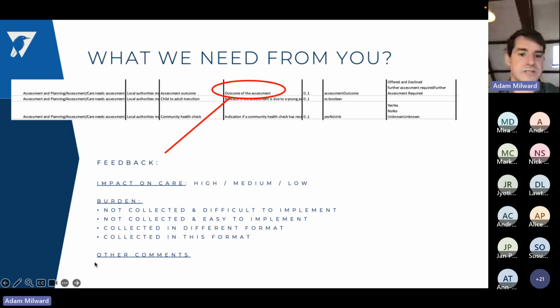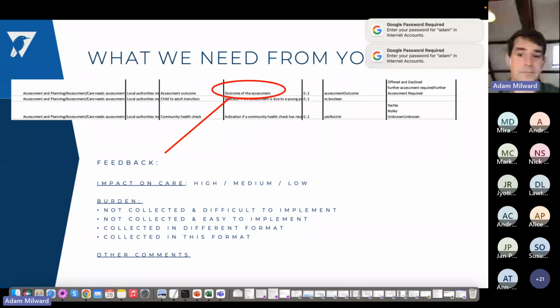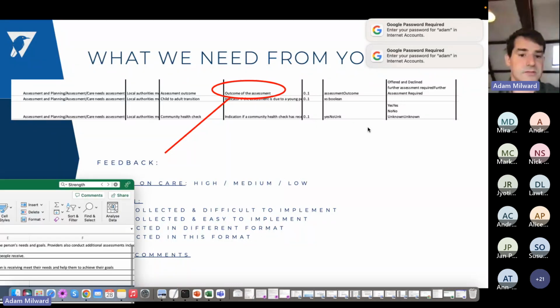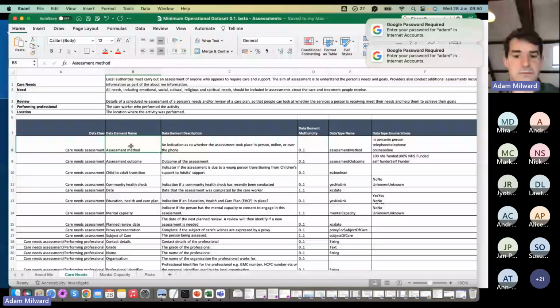So when you've got an assessment, you'd expect an assessment method, maybe a checkbox for child to adult transition, checkbox for community health check, the date that the assessment was made, if there's an EHCP in place, indication of mental capacity. So there's a whole load of information that you'd expect.